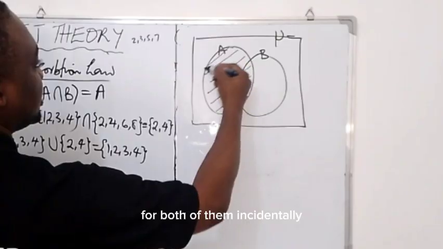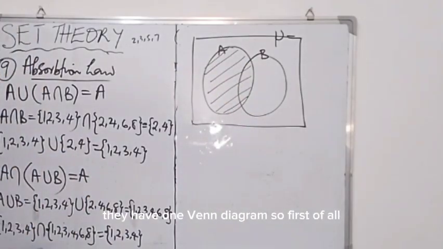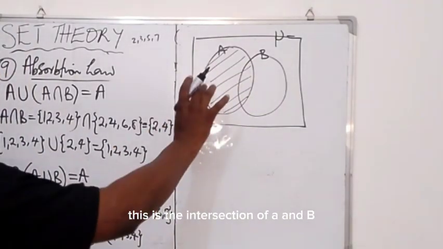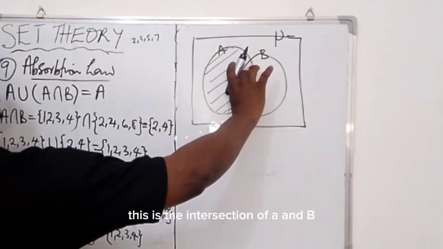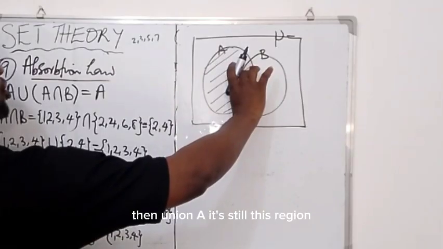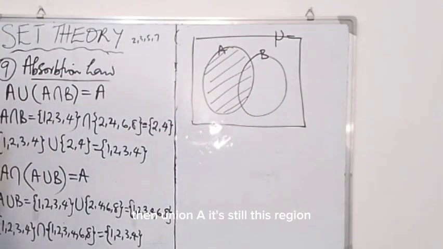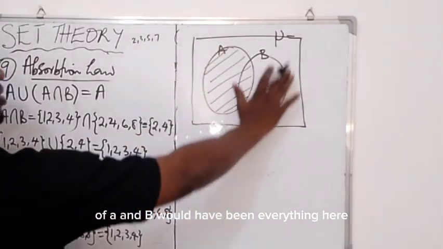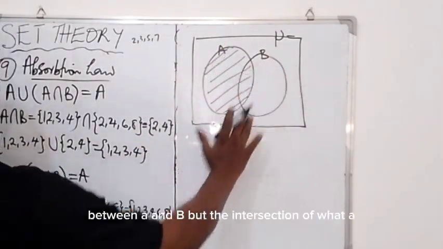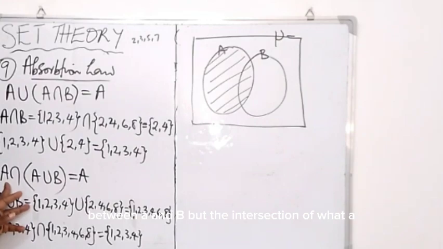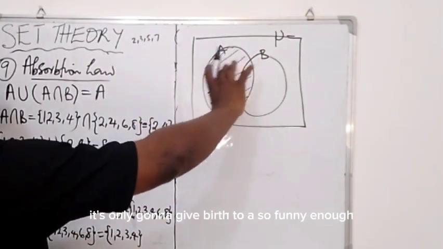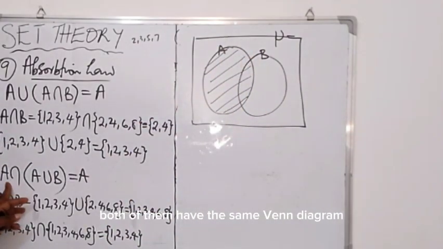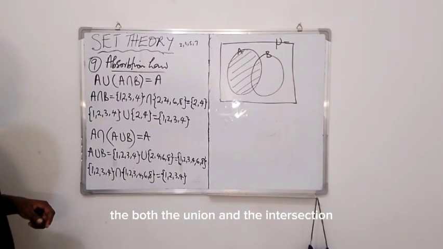Incidentally, they have one Venn diagram. First of all, this is the intersection of A and B. Then union A, it's still this region. Also, the union of A and B would have been everything between A and B, but the intersection with A is only going to give A. So funny enough, both of them have the same Venn diagram, both the union and the intersection.